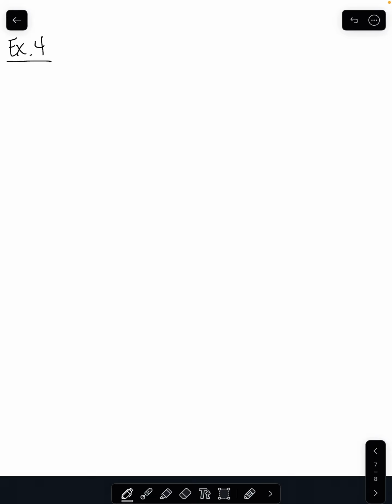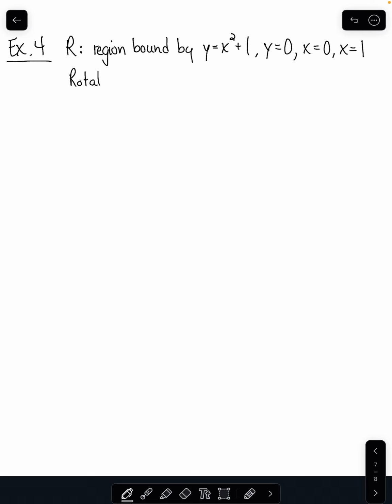So in this case, let's let R be the region that is bound by the graph of y equal to x squared plus 1, the x-axis, which is y equals 0, the y-axis, which is x equals 0, and the vertical line x equals 1. And we're going to rotate that region about the y-axis.